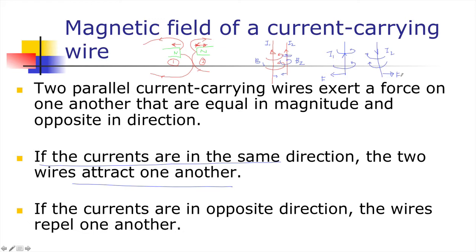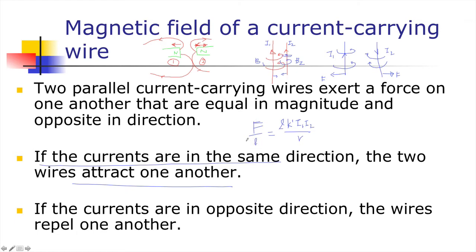Okay, you may ask how much that force is in terms of magnitude. The force you will experience in a magnetic field per unit length is F/L = 2k' I1 I2 / d, where d is the distance between them. This is the relationship between the two.